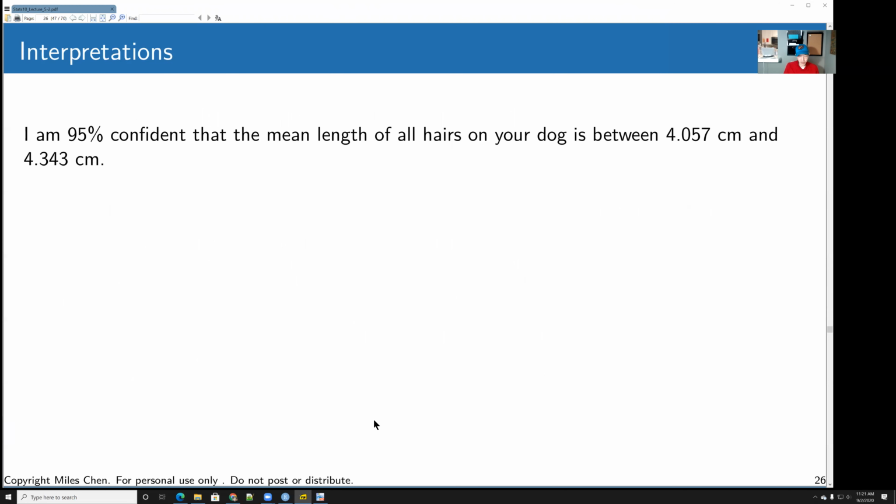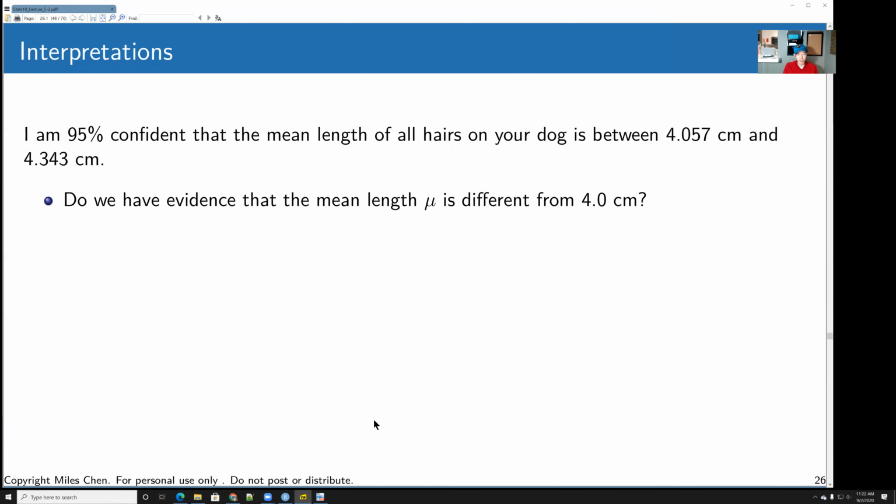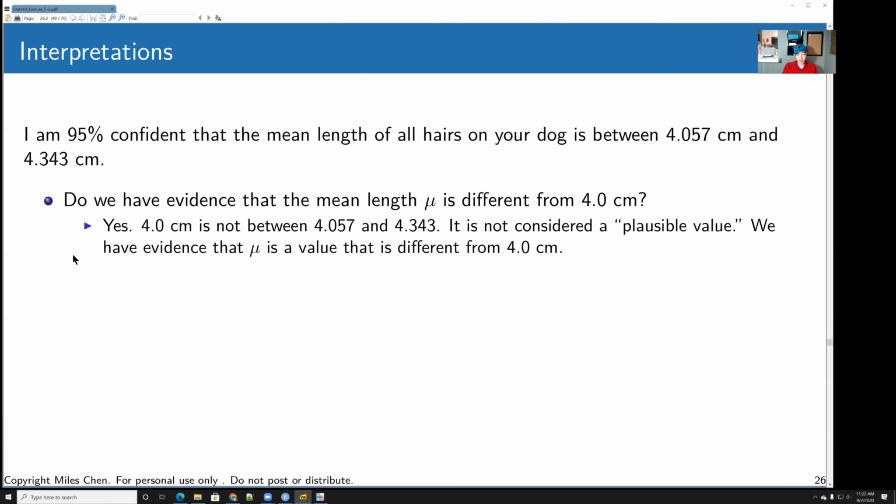So these interpretations, I'm going to go very quickly through them because I think you're all familiar with them. If your confidence interval goes from here to here and somebody says, do we have evidence that mu is different from 4.0? We say yes, because 4.0 is not between the ends of our interval. So 4.0 is outside of the interval, and we have evidence that mu is different from 4.0.